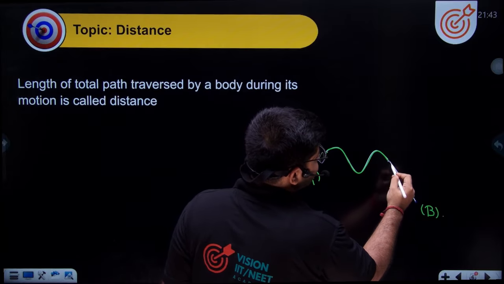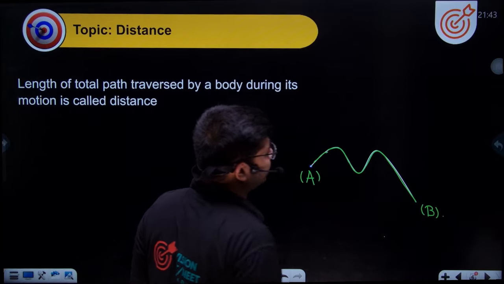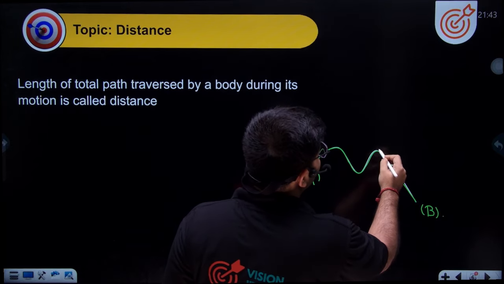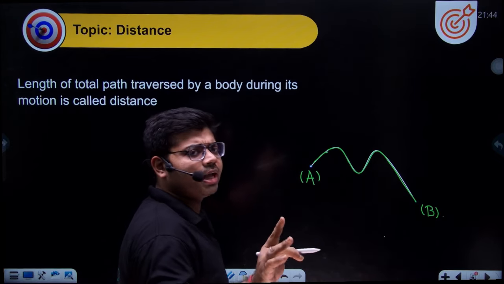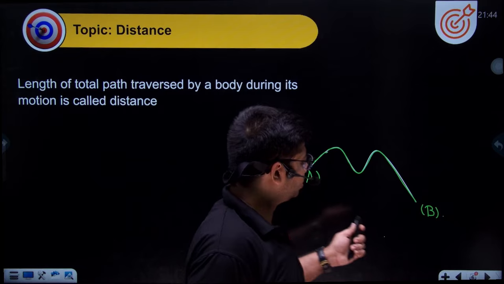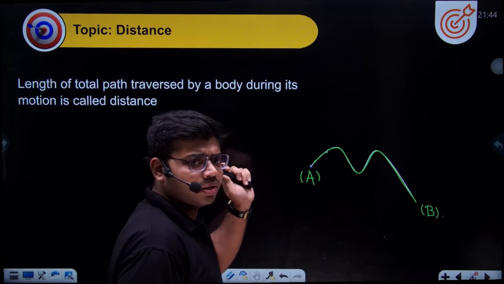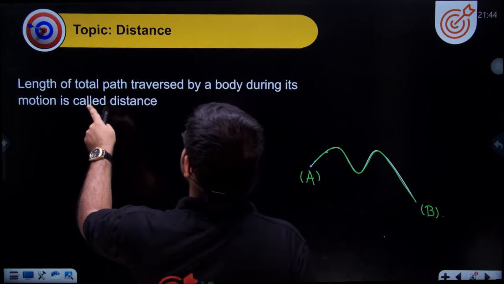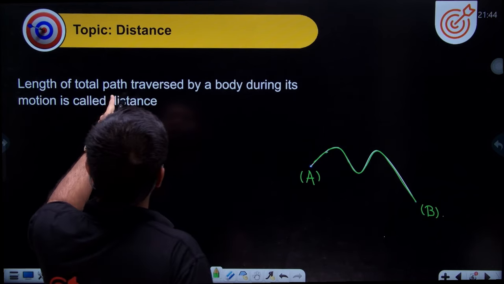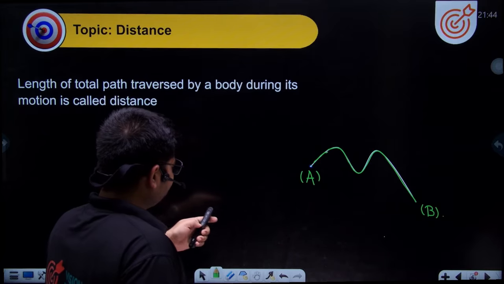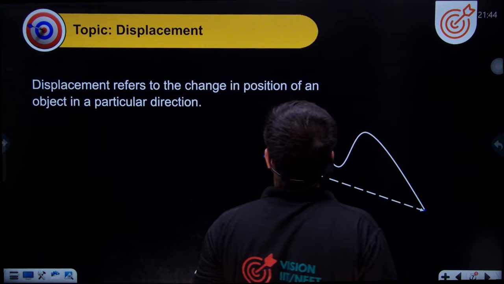If I ask you what is the distance that you have moved, then you will add up the entire path that you have covered from point A to point B. That is going to be your distance. So distance is the length of the total path traveled by a body during its motion. That is exactly what we call distance.